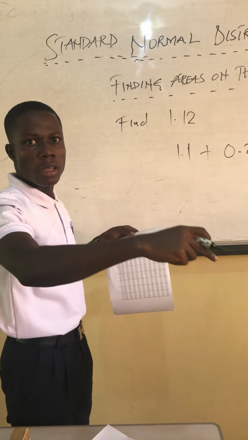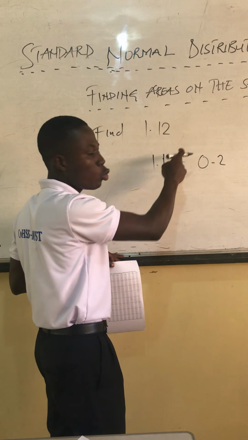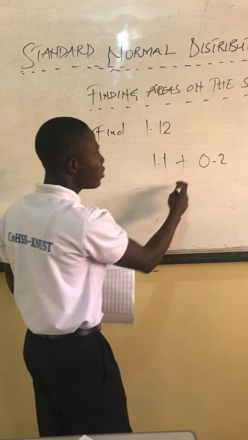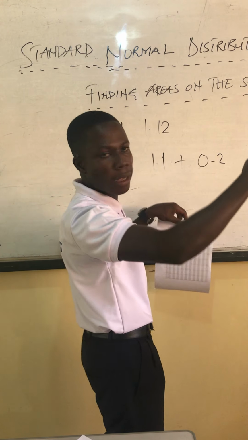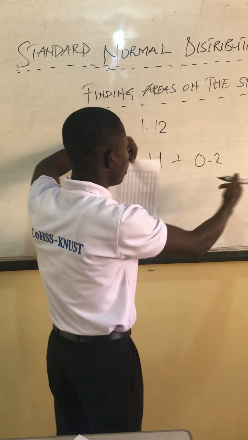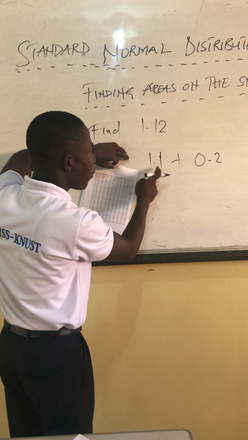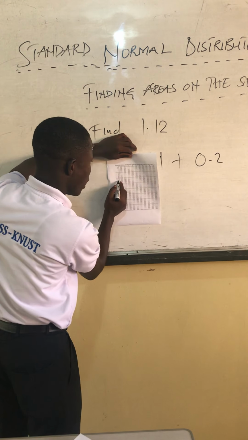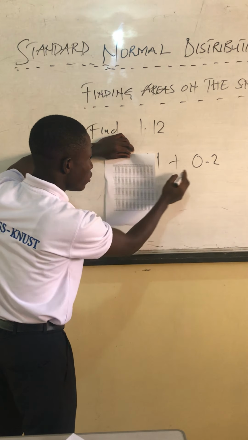If you are finding 1.12, you find 1.1 on your vertical axis and 0.2 on your horizontal axis. So this is my vertical axis, this is my horizontal axis. So 1.12 means I'll find 1.1 on my vertical axis. So 1.1 is here. Then 0.2.